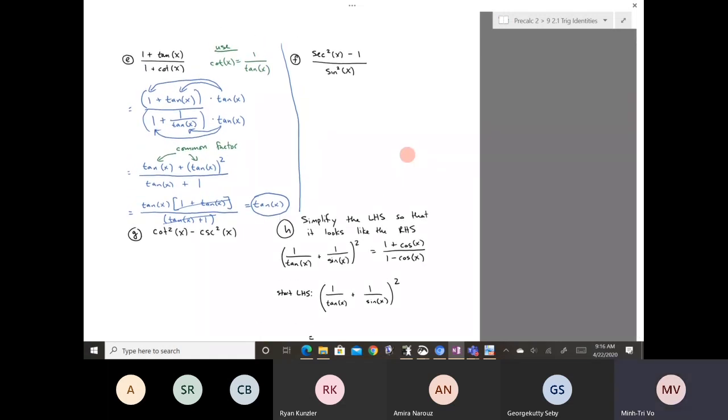Okay, so looking at F and G, I see I have the square of the trig functions, right? So this is where I want to look at the Pythagorean identities.